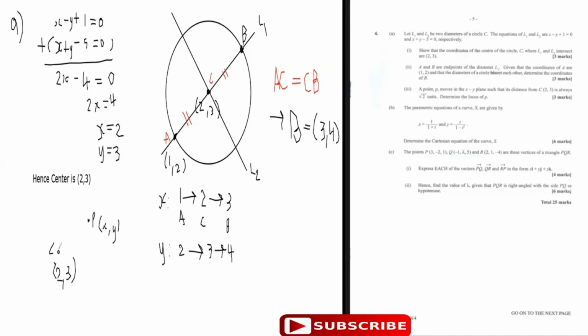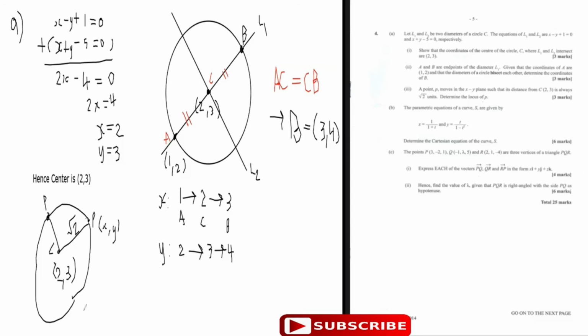As long as the distance is root 2, we could get one circle going around it. As long as the distance is root 2, we're good. And so this forms an equation of a circle.